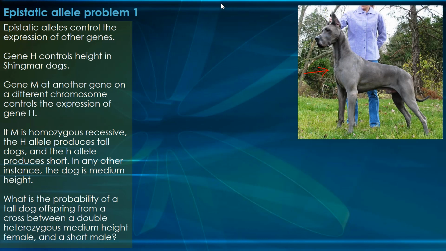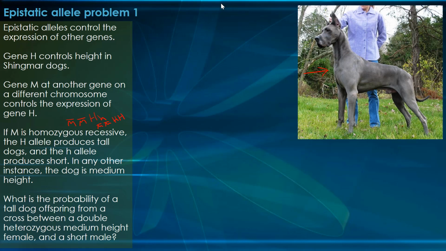If M is homozygous recessive, the H allele produces tall. Homozygous recessive, so if we've got that, then we'll have tall, and also, therefore, this would be tall. So it allows the H to be expressed if that M is recessive.